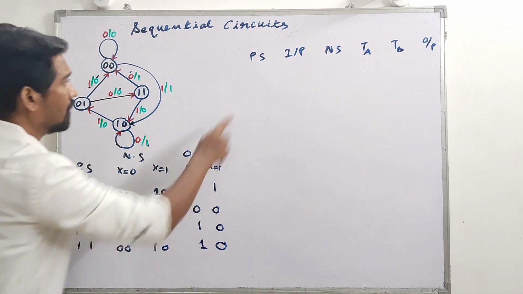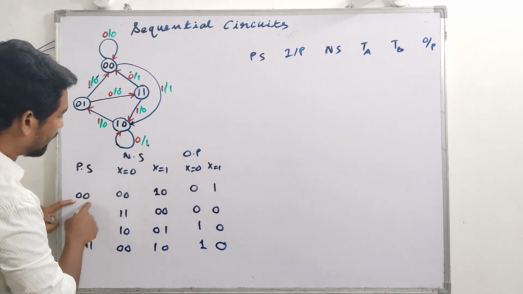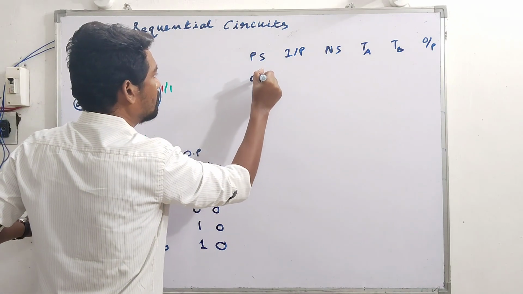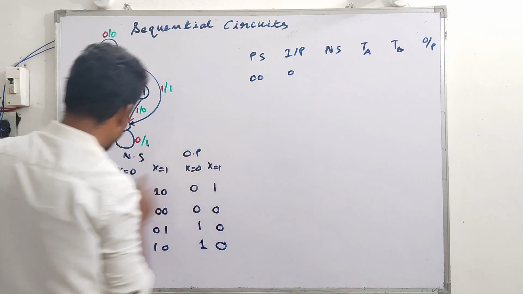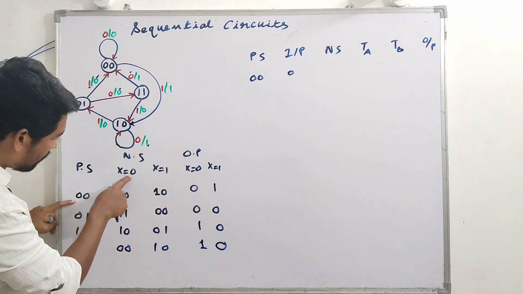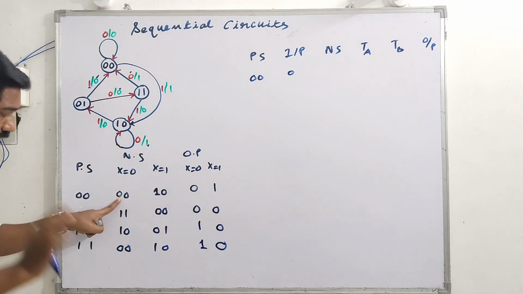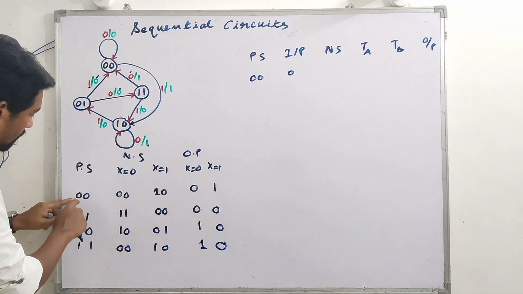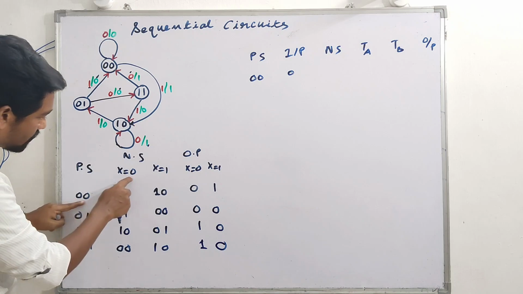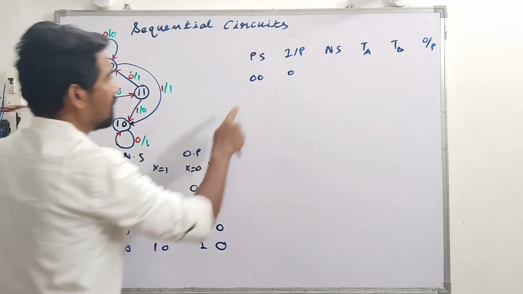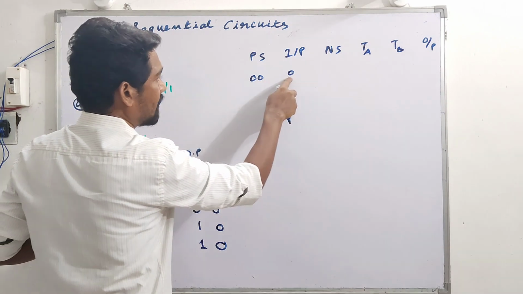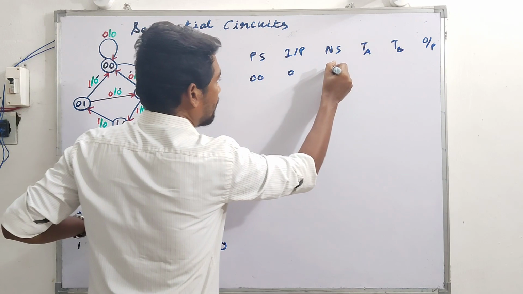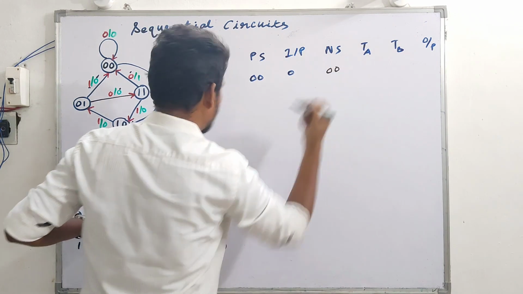So present state 0 0 with the input 0: the next state is 0 0. Notice the hidden fact here for a beginner: for the present state 0 0 with the input 0, the next state is 0 0.